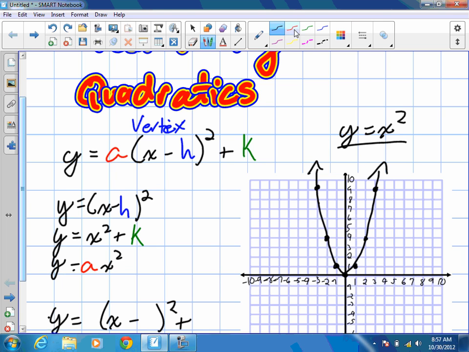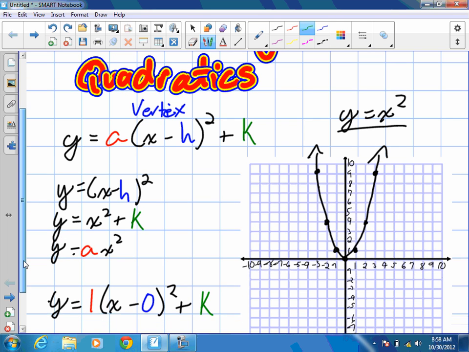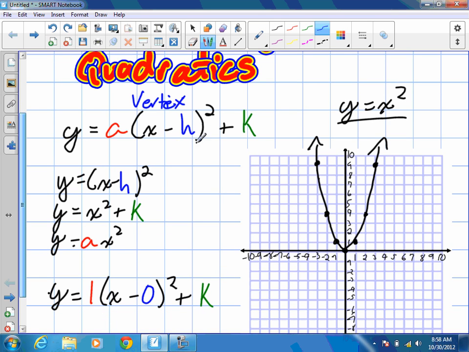Our a value is 1, our h value is 0, and our k value is 0. And that's what we mean by our vertex form, that the h and the k will tell us exactly where our vertex is. The h value will give you the x of the vertex, okay? And the k value will give you the y of the vertex.